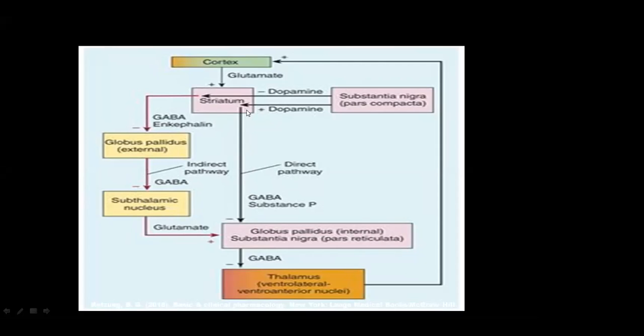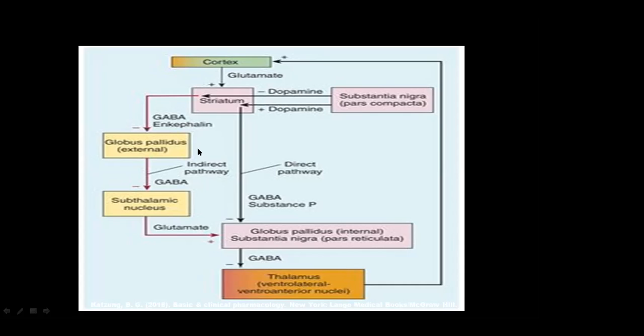And this direct pathway projecting to the output structures will produce an excitatory output projection of the thalamus to the cortex.